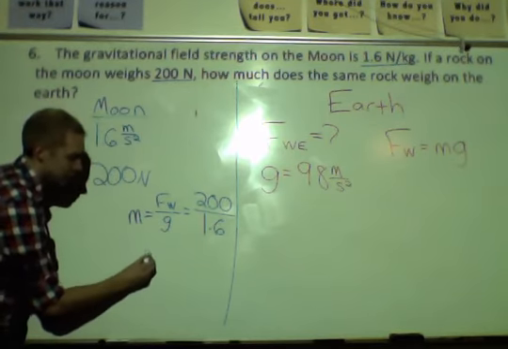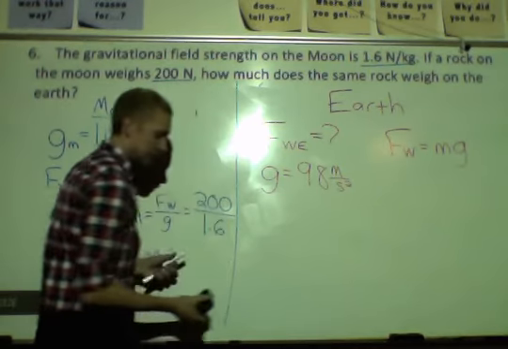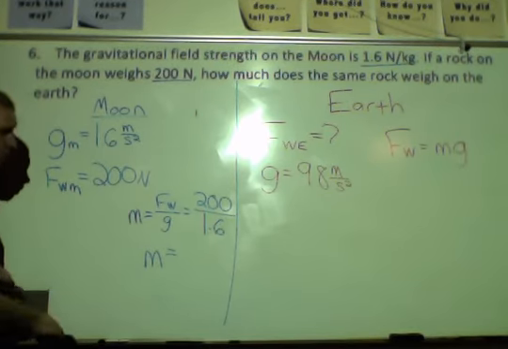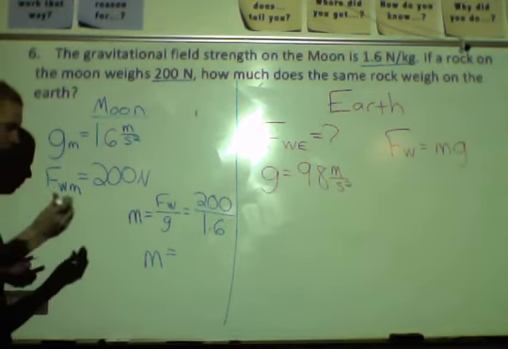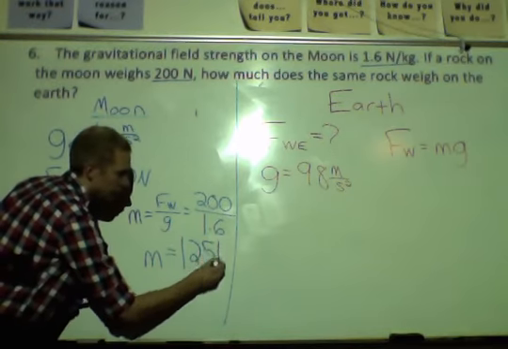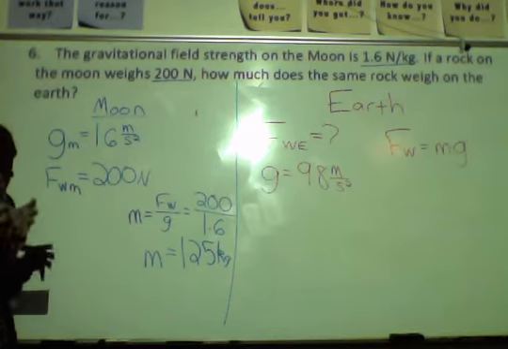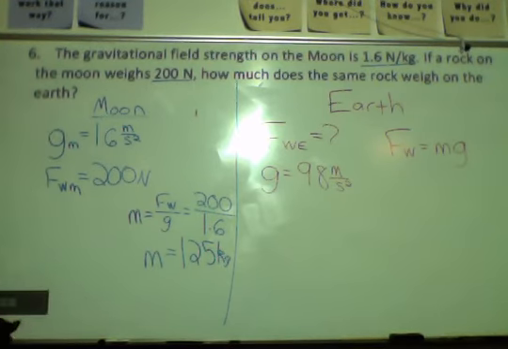So your mass of this rock is equal to, plug it in the calculator with me, 200 divided by 1.6 gives you 125. That is kilograms. So this rock has a mass of 125 kilograms.